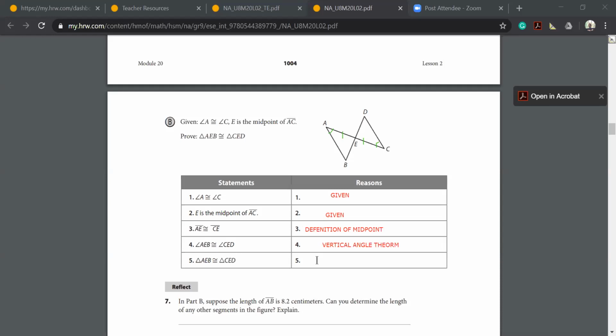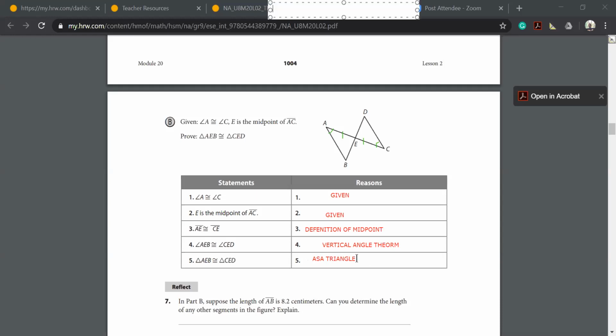So triangle AEB is congruent to triangle CED. We're using the name of our lesson, the ASA triangle congruency theorem. Let me know the name exactly. Why did I miss the name?